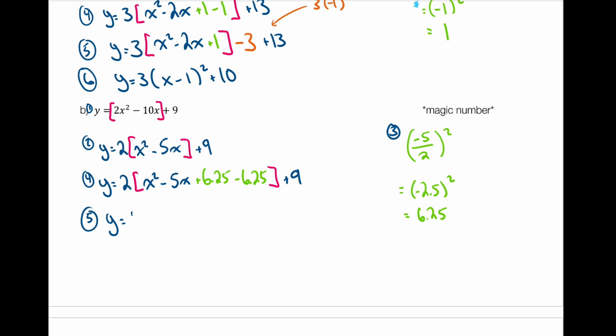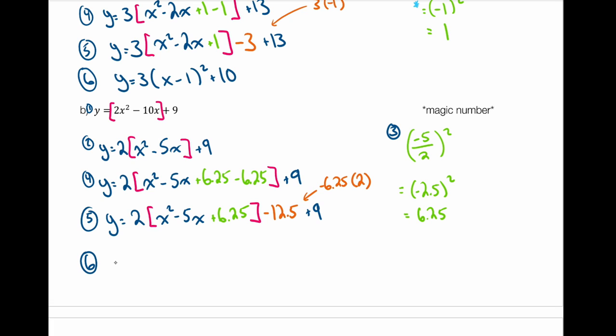So I get y equals 2, then inside the bracket, x squared minus 5x plus 6.25, then outside the bracket, I have negative 6.25 times 2, obviously negative 12.5. And I have the plus 9 still attached.